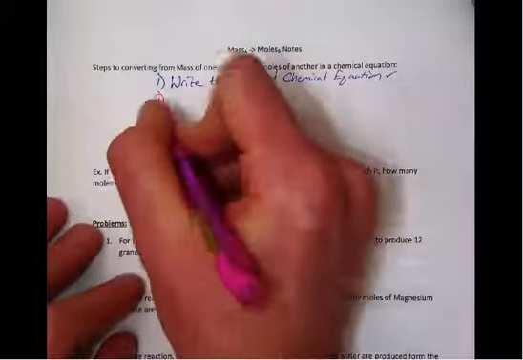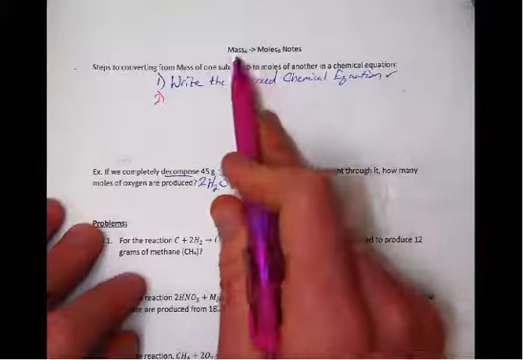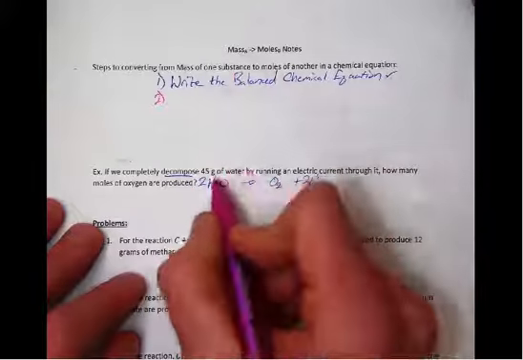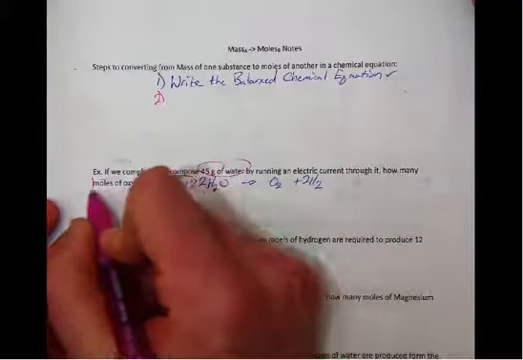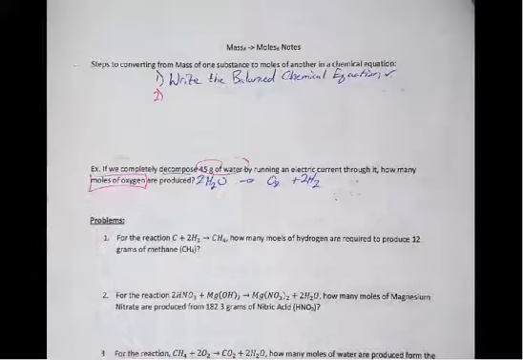Step two, if we ever need to convert from one substance to another, so if we're starting with water and going to oxygen, we must cross the mole bridge to go from water to oxygen. So all steps must lead to the mole bridge.